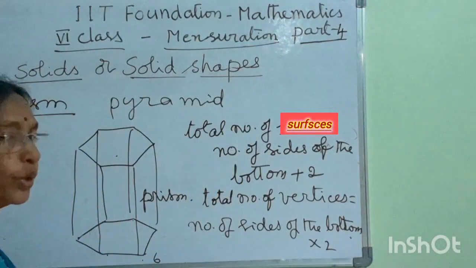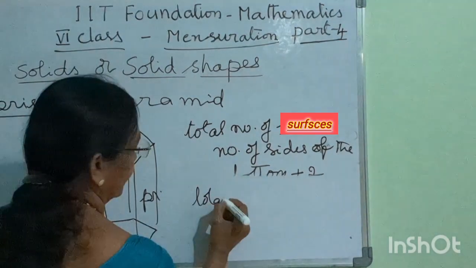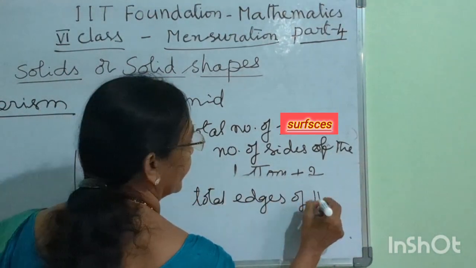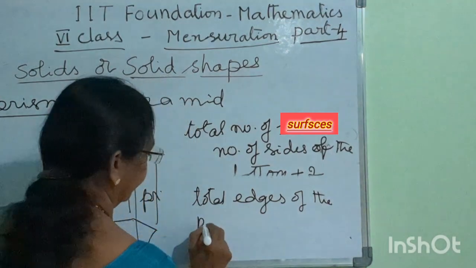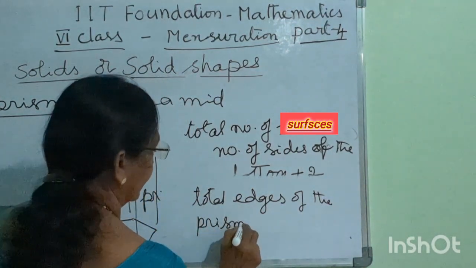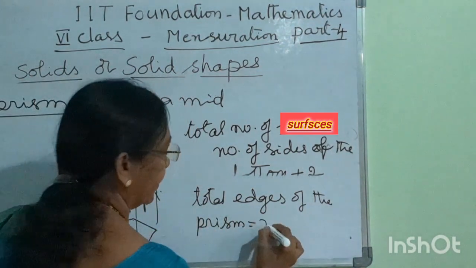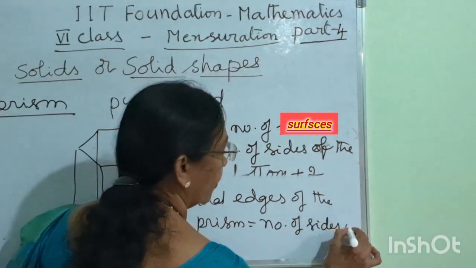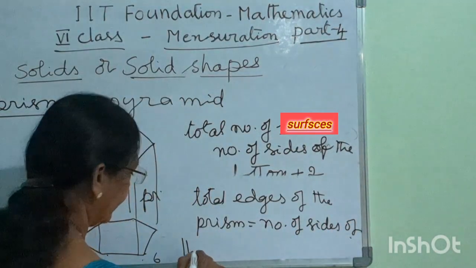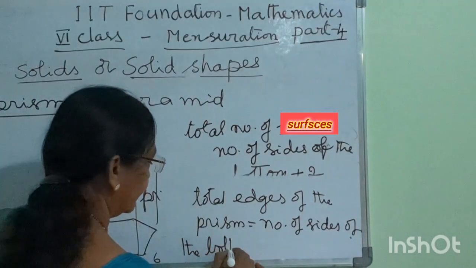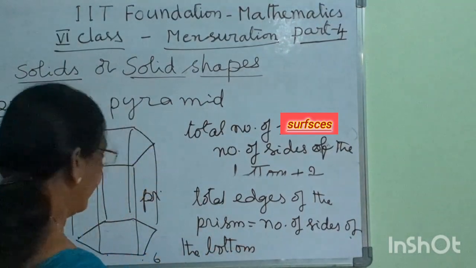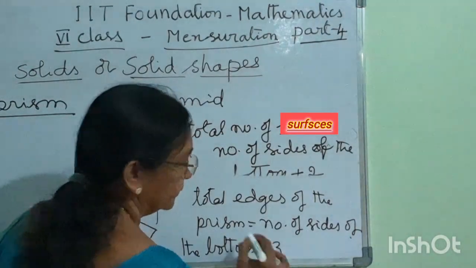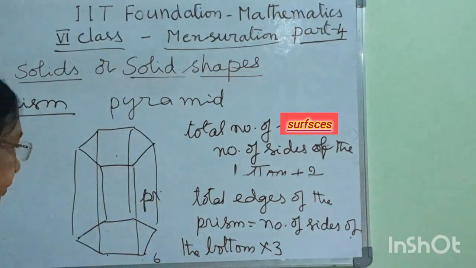Next, total edges. The total edges of the prism is equal to the number of sides of the bottom into 3.